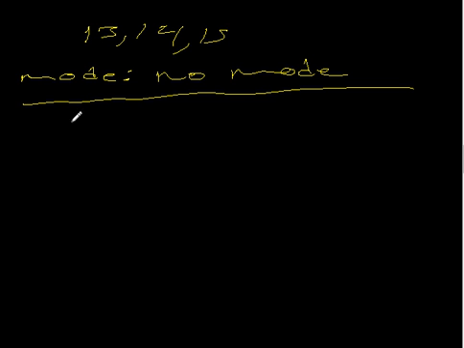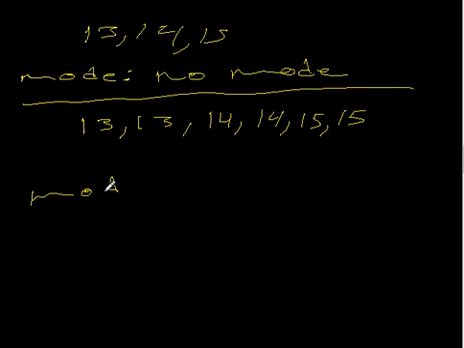Okay, now let's say that I'm given this set of numbers. Instead of 13, 14, and 15, I'm given the same values twice. And I'm going to ask the same question. Jules, what do you think?